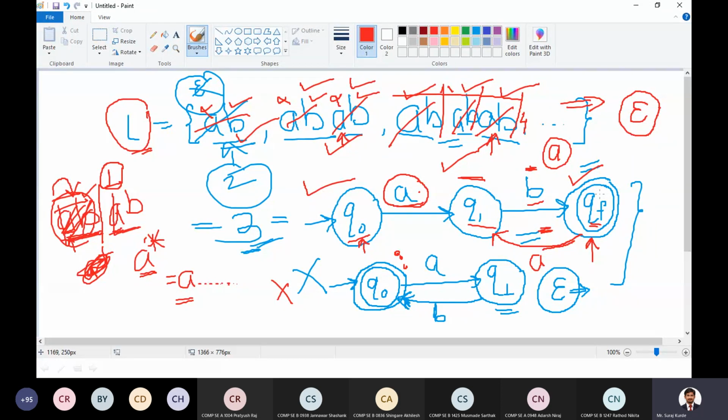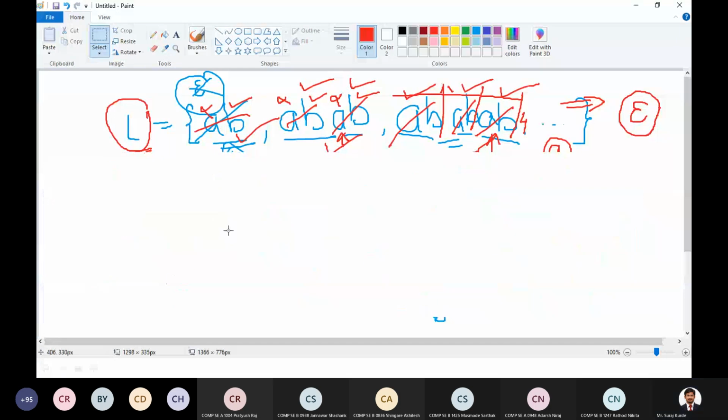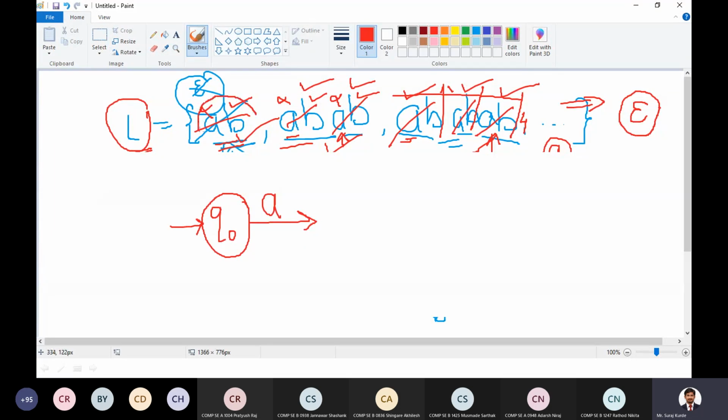This is your DFA for the given language. Just let me draw it again, so you can note it down. Q0, initial state, then on input A. Why A? Because each string of the language starts with A, or the string which we are going to check is AB.